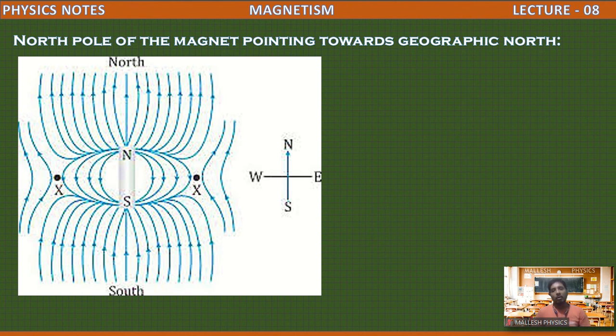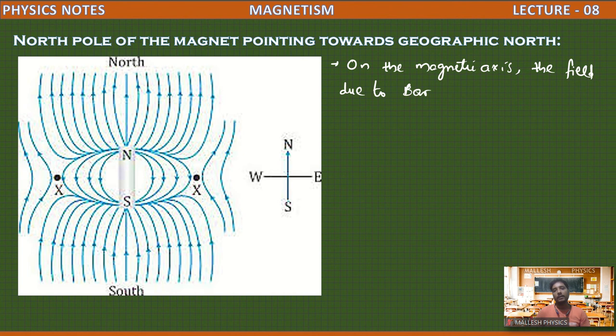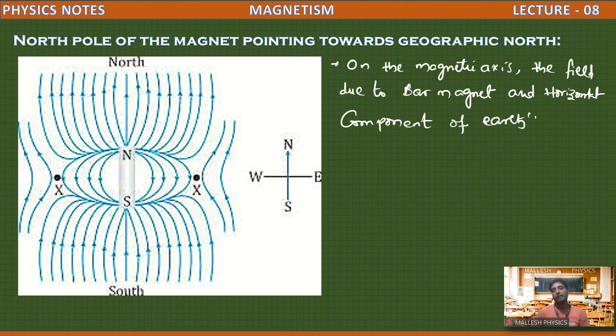So on the magnetic axis, the field due to the bar magnet and the horizontal component of Earth's magnetic field act in the same direction.